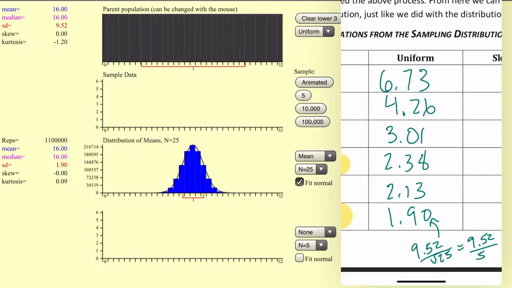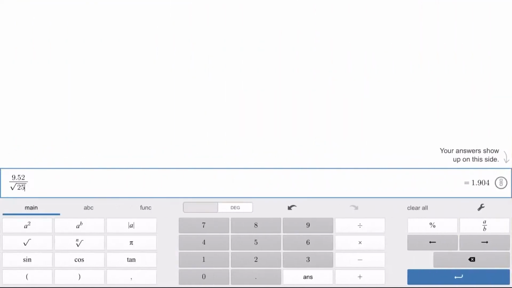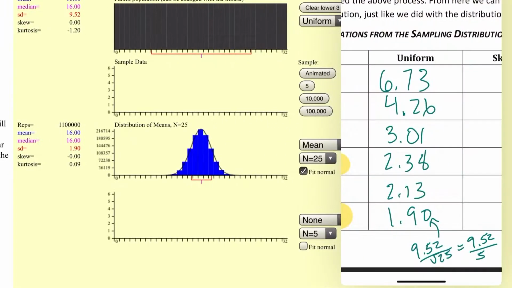All right, let me swap over to a calculator. All right, 9.52 divided by square root of 25, or just 5, is 1.904. And that does a pretty good job. So here it gets 1.9. Instead of 1.904, here's 1.90, which is what that rounds to. So yeah, that's pretty good.